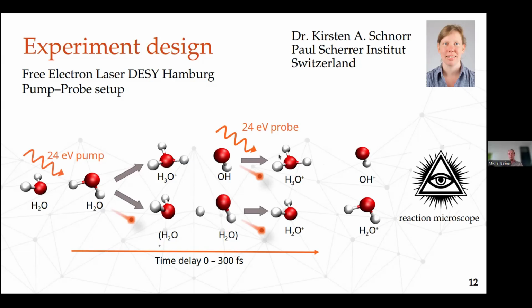By measuring the energies of this fragment and this fragment, you can get the energy of this Coulomb explosion, and most importantly, you can get the ion yields. You can compare how many of the reactions went this way and how many this way.